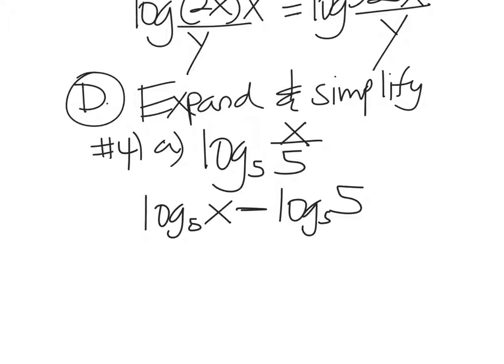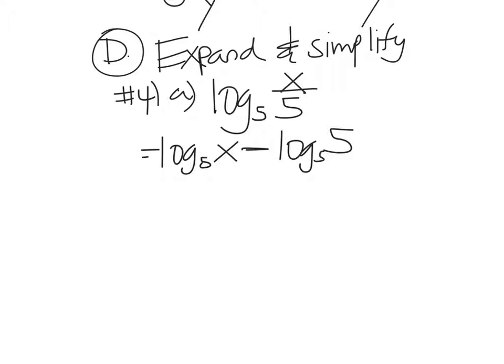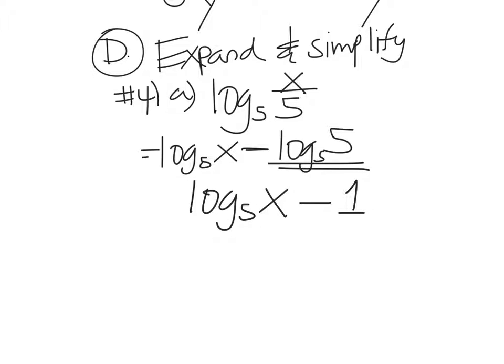And if you leave it like that, you have done the expanding part, but you have not done the simplifying part yet. No, that's going backwards. You can simplify this right here. It's 1. It has the base and the number the same. Yes, that's a property. It's on that sheet that I gave to you in Canvas.